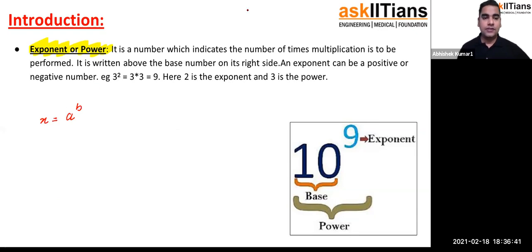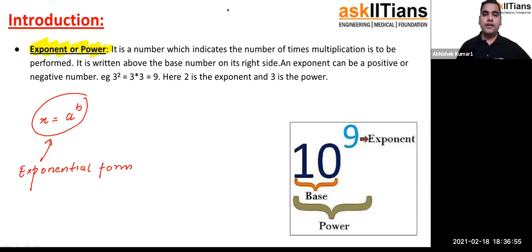Then this form that you have here is called the exponential form. Understood? I will be taking examples also. Now, there are specific names given to a, b, and x whenever we are talking about exponential form.